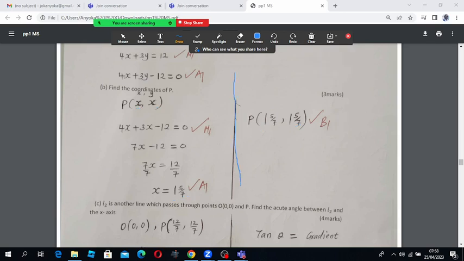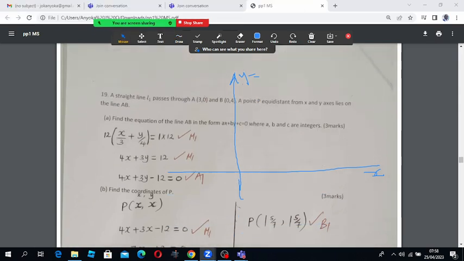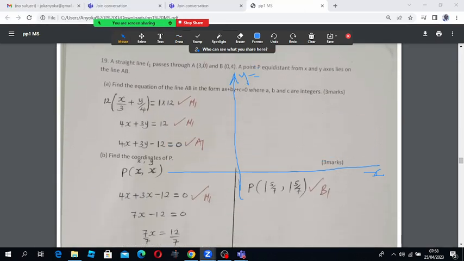If this is a Cartesian plane, this is the x-axis, this is the y-axis. We are told that a point P equidistant from the x and y axes lies on the line AB.